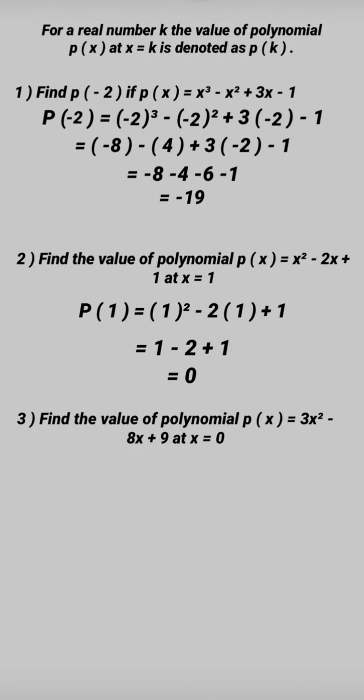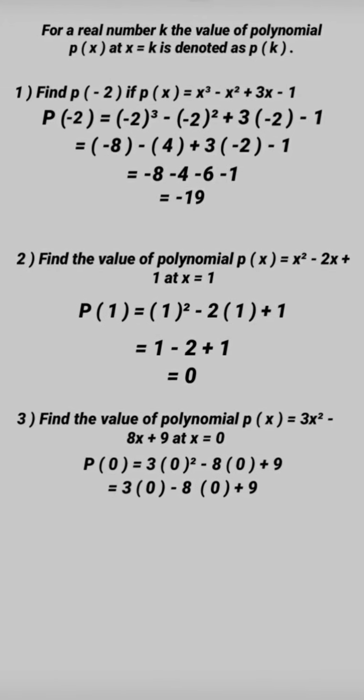Third example: find the value of the polynomial p(x) = 3x² - 8x + 9 at x = 0. So putting x = 0, what we get is p(0) = 3(0)² - 8 multiplied by 0 + 9. We know that 0² is 0.